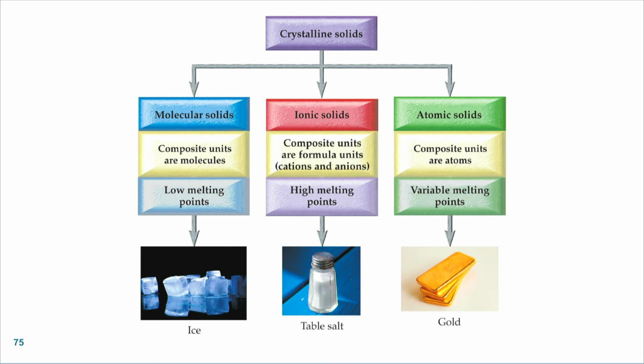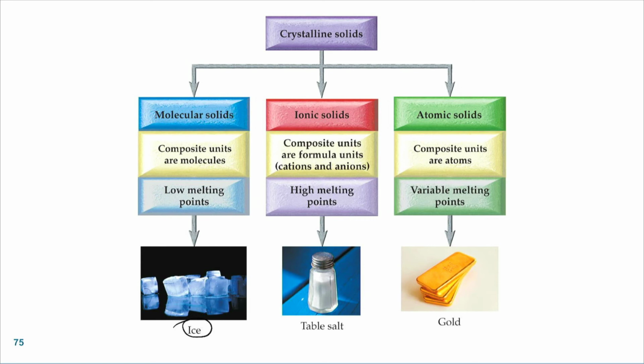For our molecular crystalline solids, the component units are molecules. And so we've got component molecules occurring in these long-range ordered patterns, like ice. We have all these water molecules coming together to form a crystal. We have crystalline ionic solids, where the component units are formula units of cations and anions.